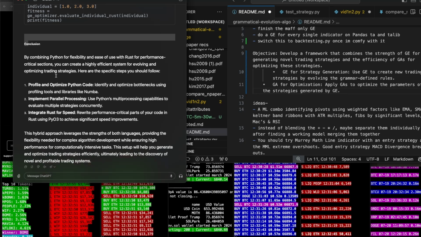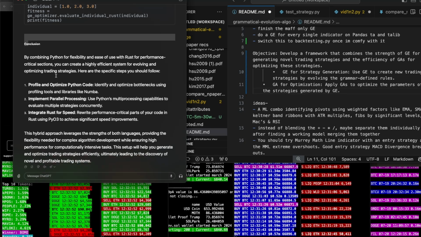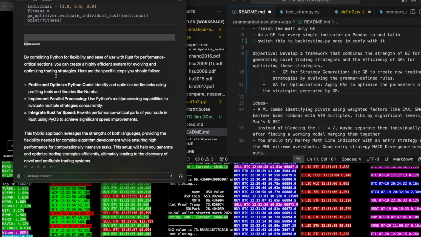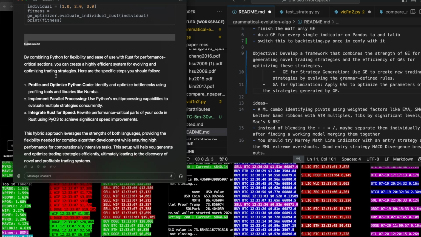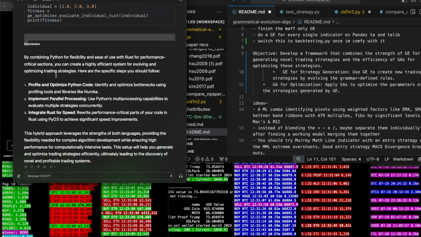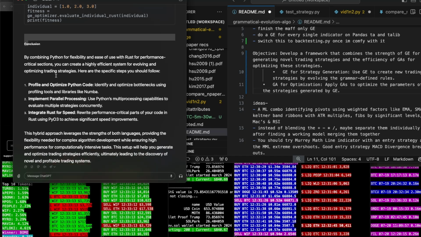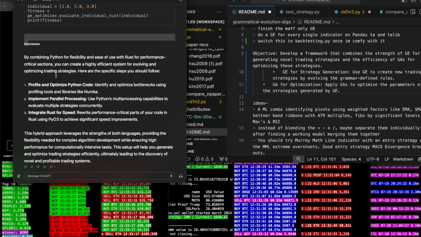Implement parallel processing: use Python's multiprocessing capabilities to evaluate multiple strategies concurrently. Integrate Rust for speed: rewrite performance-critical parts of your code in Rust using PyO3 to achieve significant speed improvements. This hybrid approach leverages the strengths of both languages, providing the flexibility needed for complex algorithm development while ensuring high performance.